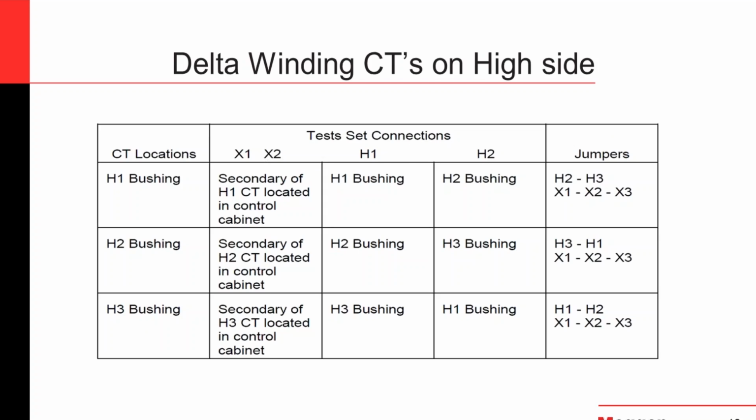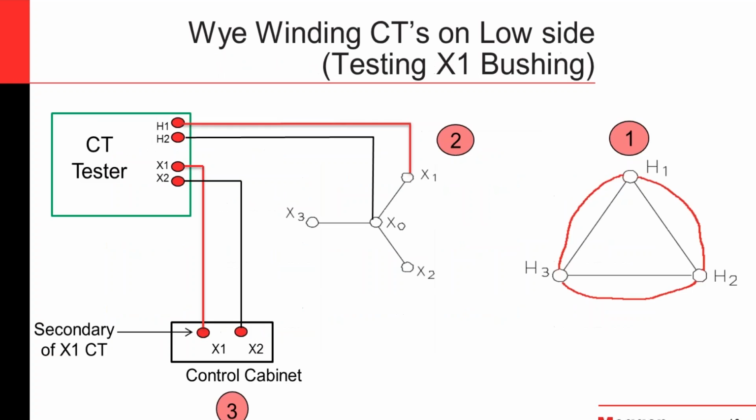Since we are running out of time and I have about 10 other slides, I will request you to come back to the presentation. Just take a look at this table so that, when you're doing a CT testing on a delta winding, you will know what to jump and how to connect the CT test leads.